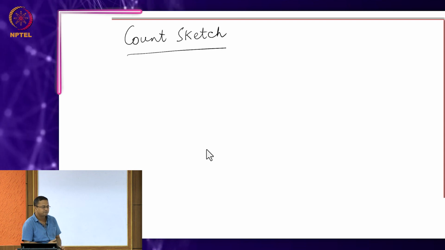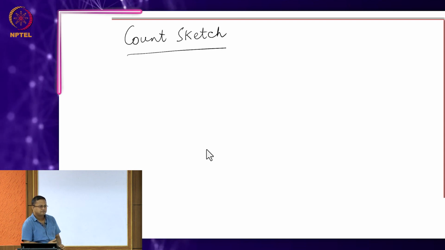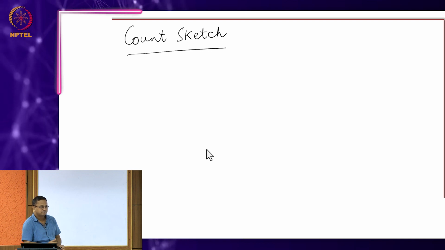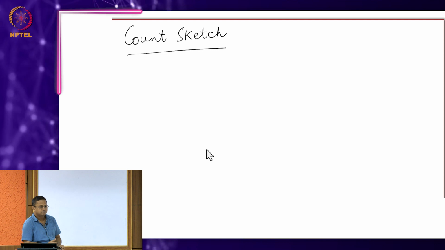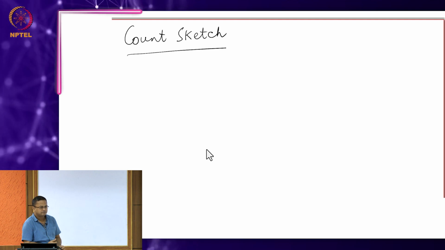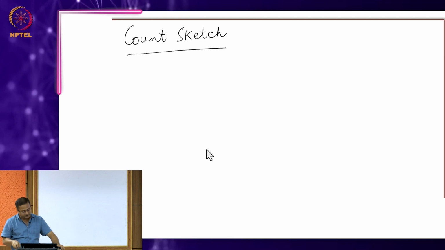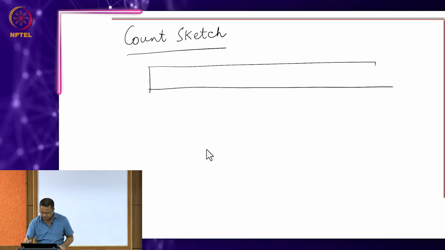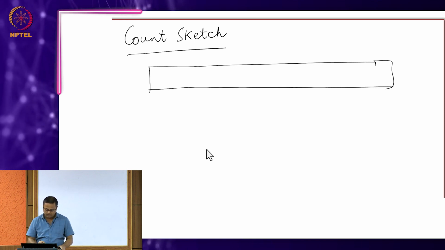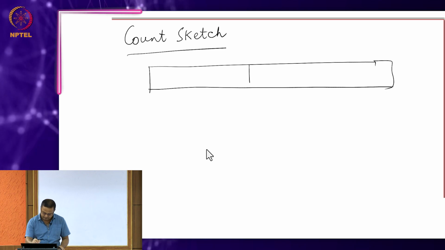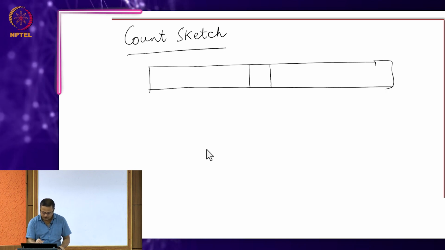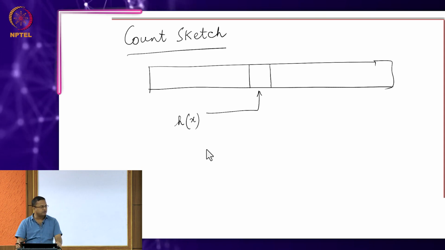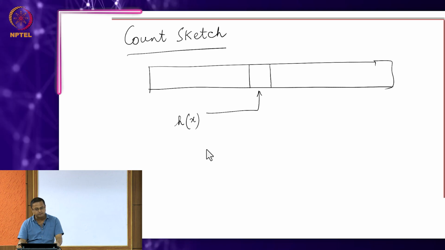Then what? The only possible thing that might help me is as follows. Say I have an element x which gets through this suitably chosen hash function to this location.